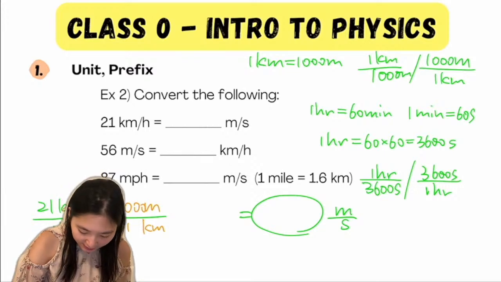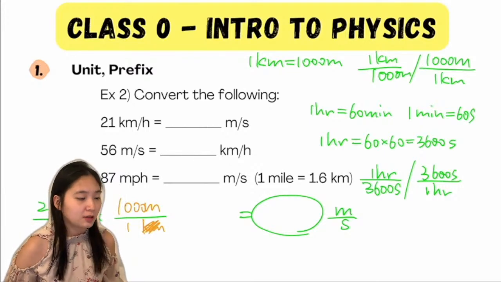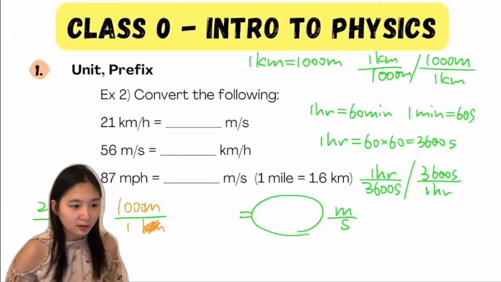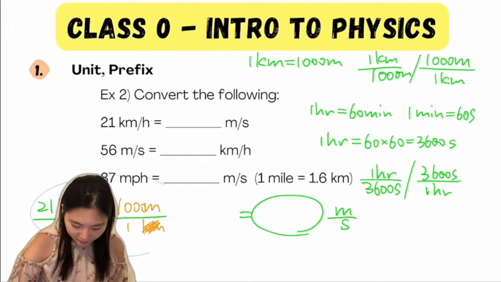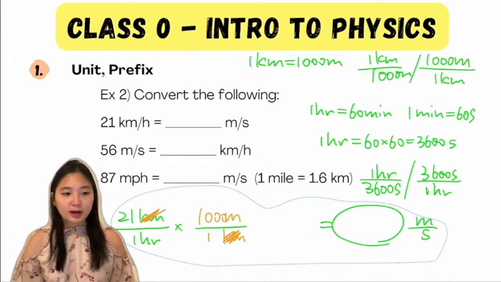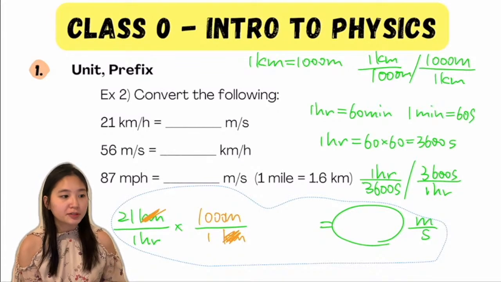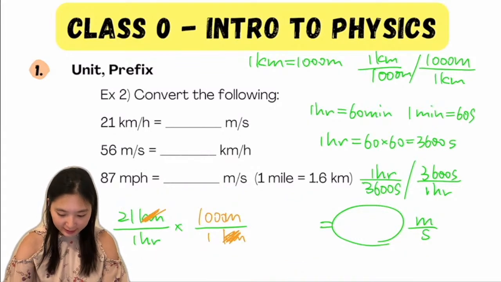Now I successfully canceled out the kilometers and am left with meters, but I still have the hours. To cancel out the hours and convert to seconds, I do exactly the same.